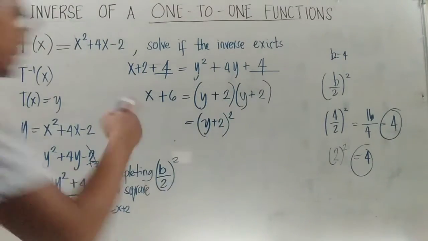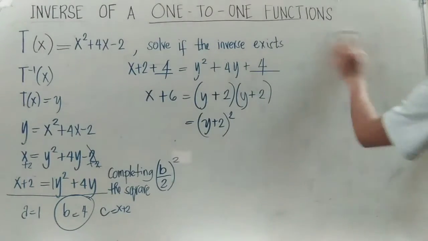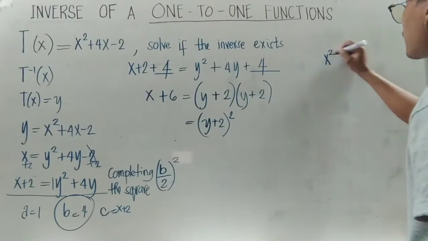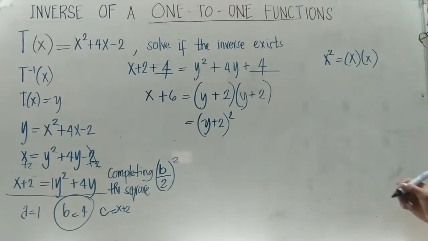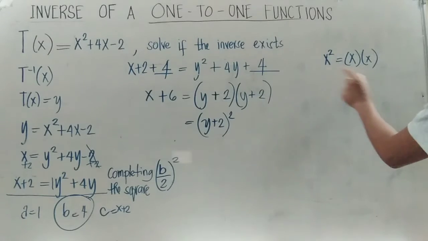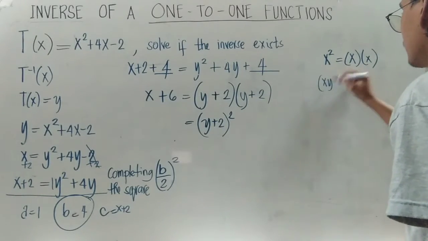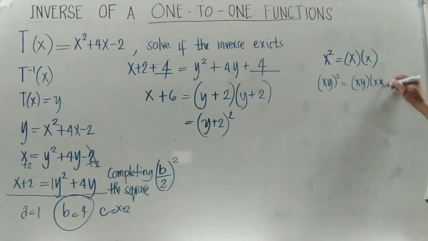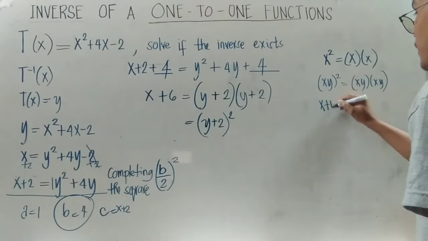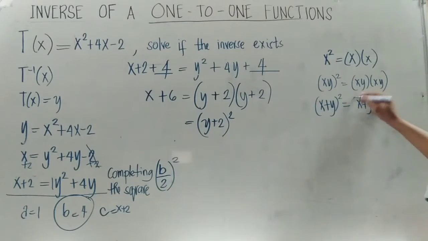So why did we get that form? I will give you an example. We have x squared, which is equal to x times x. So the expanded form of x squared is x times x. Then for example, xy quantity squared, we have xy times xy. For x plus y quantity squared, we have x plus y times x plus y.